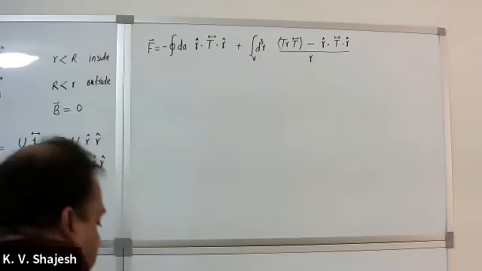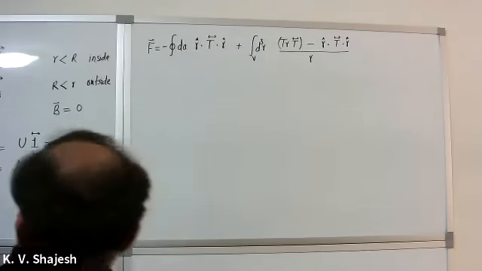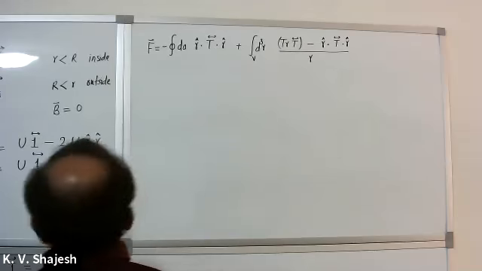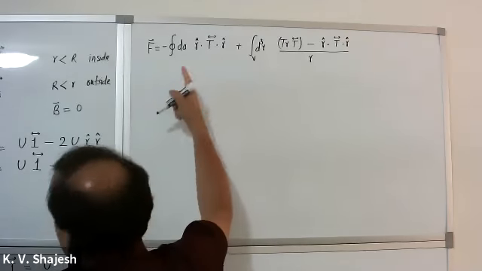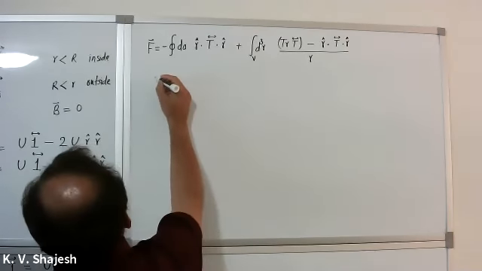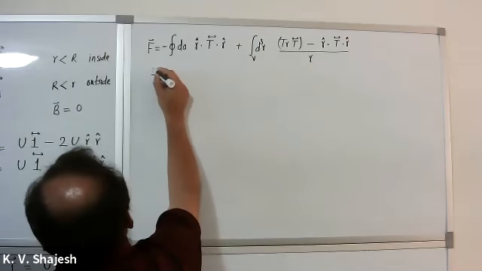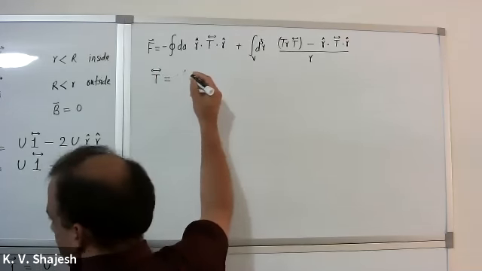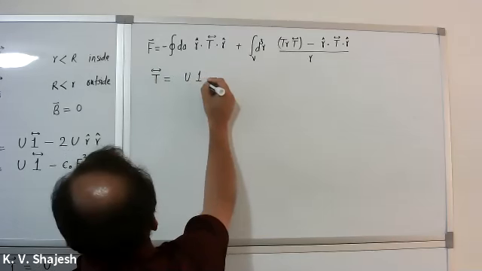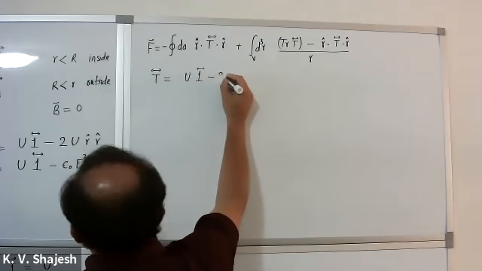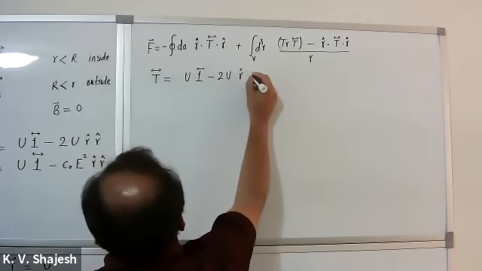So let's see what these quantities are. We already know some of them. So trace of T, recall, is at u times 1 minus 2 times u times r hat.